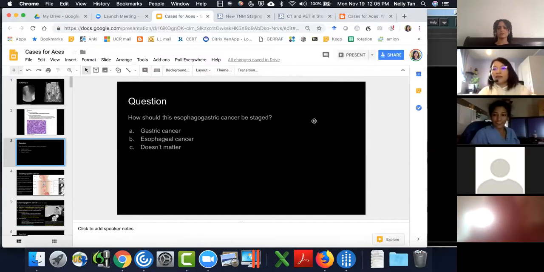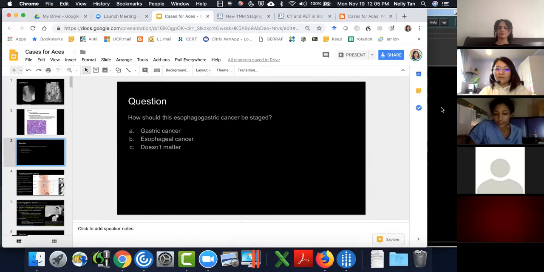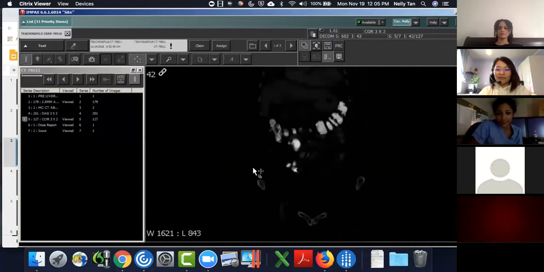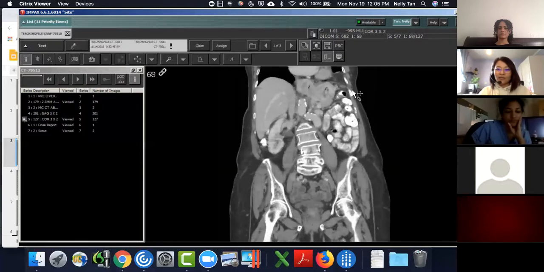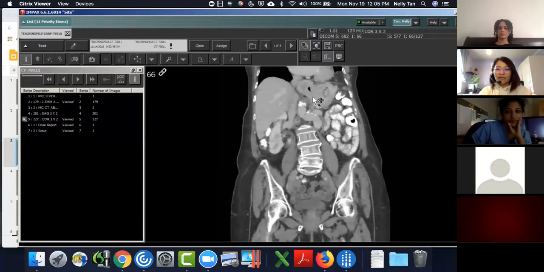I can go back if you need. It seems like it's more centered in the stomach, but involving the GE junction. Yeah, exactly. Right. Yeah, so I think it's centered, I would argue, in the GE junction.